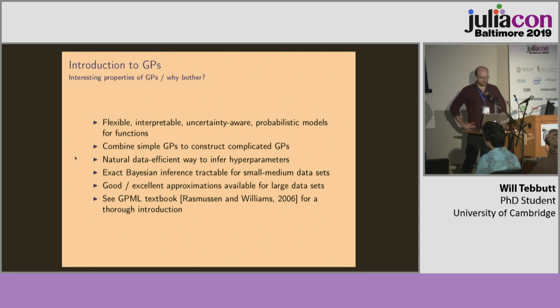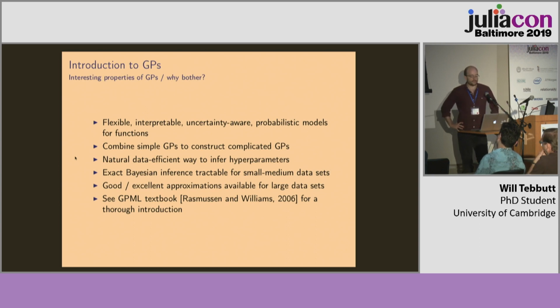As with all Bayesian models, there's a natural, data-efficient way of doing inference in hyperparameters. And they're quite unique in that exact Bayesian inference is tractable for small to medium-sized models, and by that I mean small to medium-sized in terms of the number of observations you're working with.